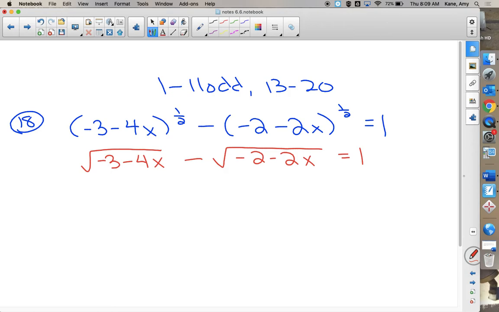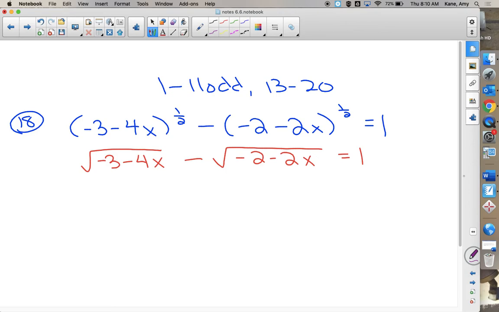Now there are 2 square roots in this problem, just like the big problem that we did. You need to get one of those square roots on the other side. Peter, which one do you think you would move? Negative. Yeah, you might as well move the one that's negative. So this has a negative in front of it. We're literally going to add this whole thing to the other side.